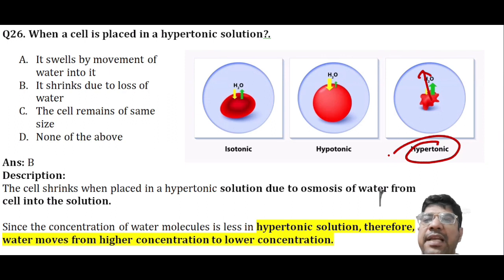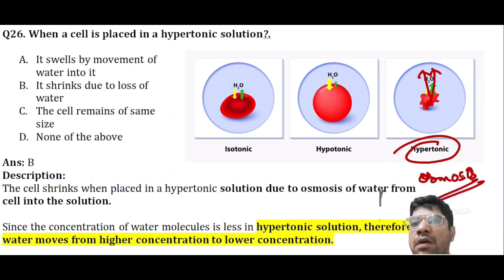This is because the hypertonic solution has a higher concentration of solute particles compared to the inside of the cell. As a result, the water moves out of the cell through the process known as osmosis. So that will cause the cell to lose water and shrink.